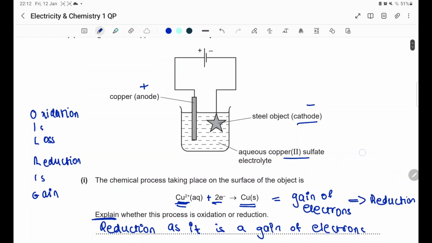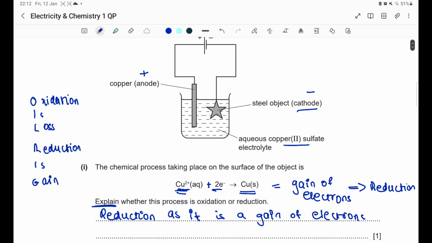Right, so ions being formed at the anode is the same as the ions being gained at the cathode. It's occurring at the same rate. It's occurring at the same speed. So the rate of formation of Cu2 plus ions is equal to the rate of removal of Cu2 plus ions.